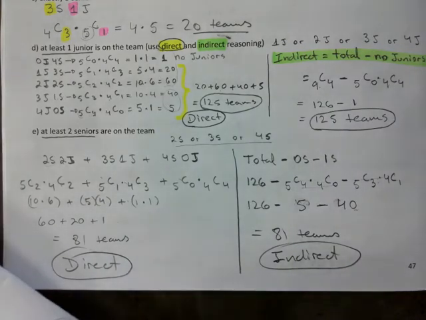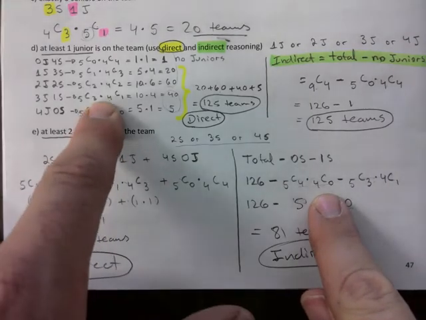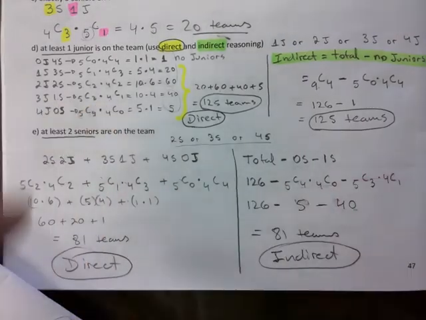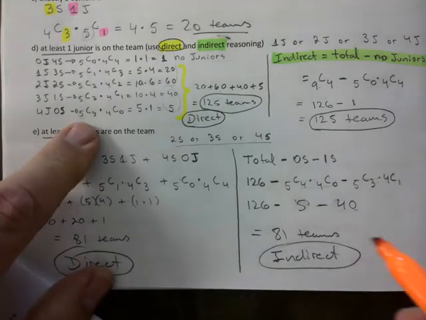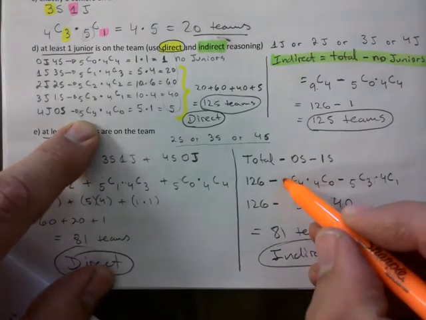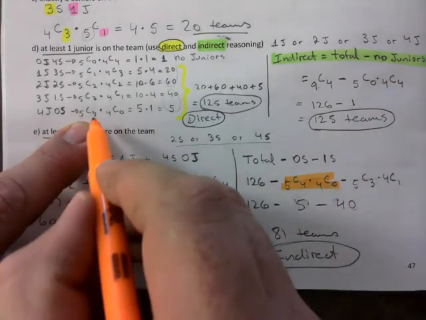Can I do something? No, that's going to make it too messy. I wanted to kind of highlight these ones compared to what we did up here. Let me try it. This one here, I got it from here.